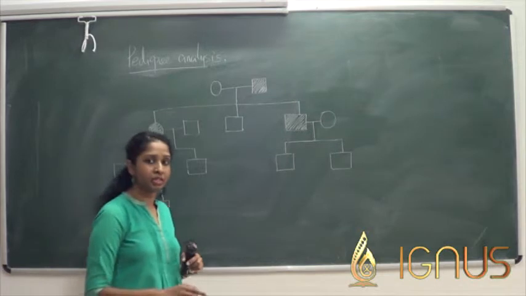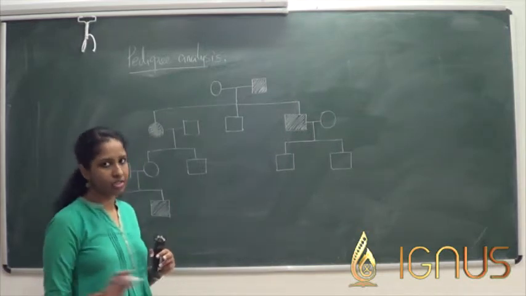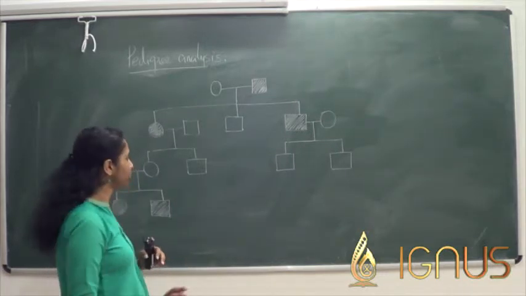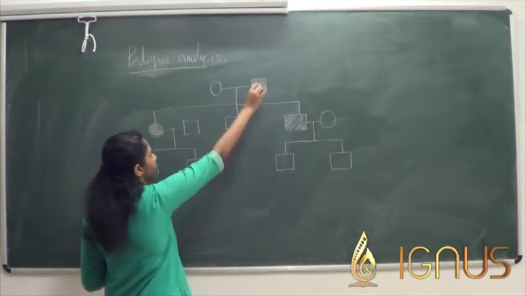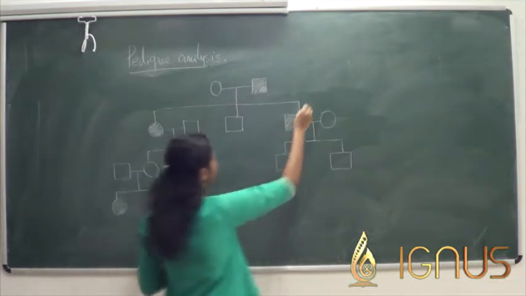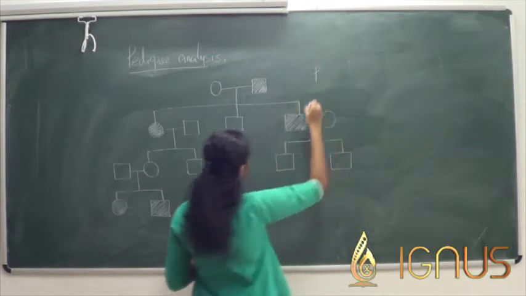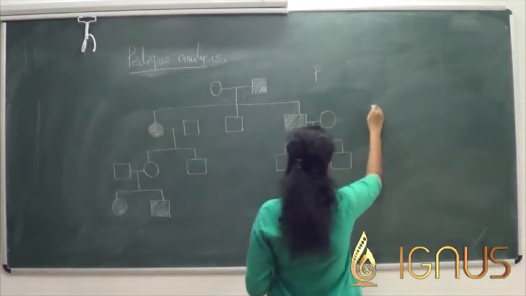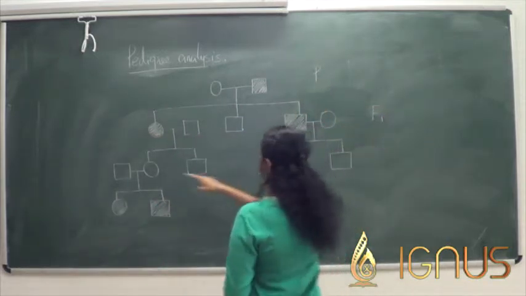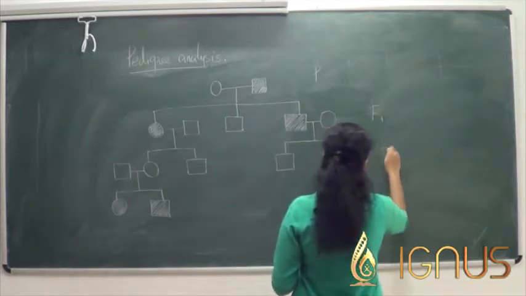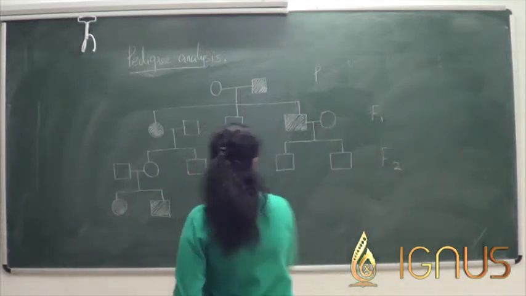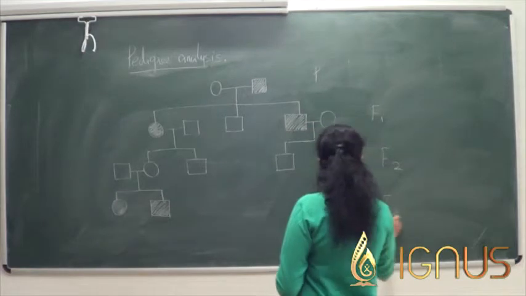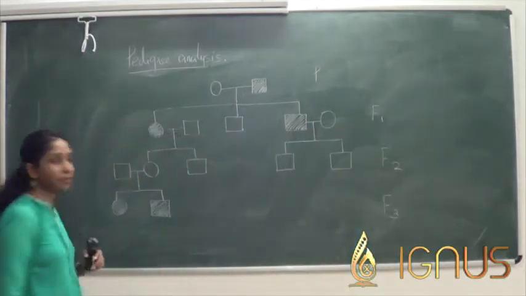So can this be a dominant or a recessive sort of inheritance is what we are going to figure out first off. Now, you have affected in parent generation. So let's say this is the parent generation, then this is the F1 generation, this here is the F2 generation, and here you have the F3 generation, correct?